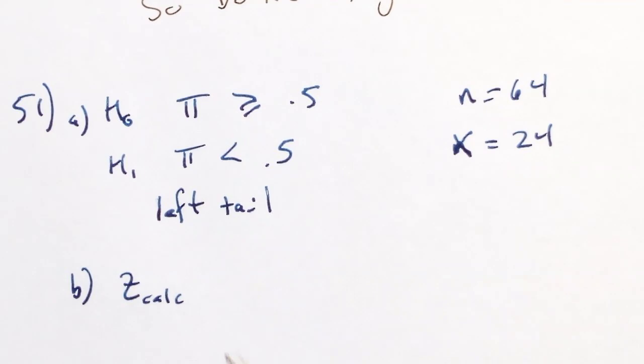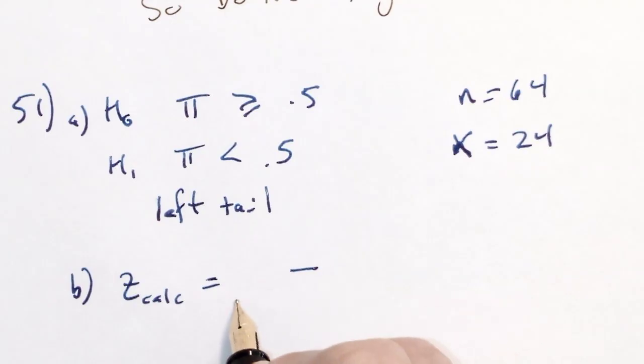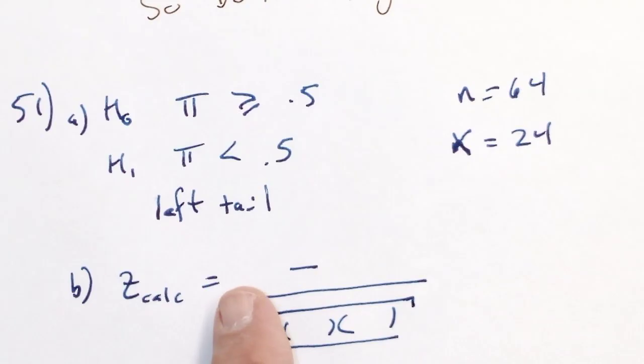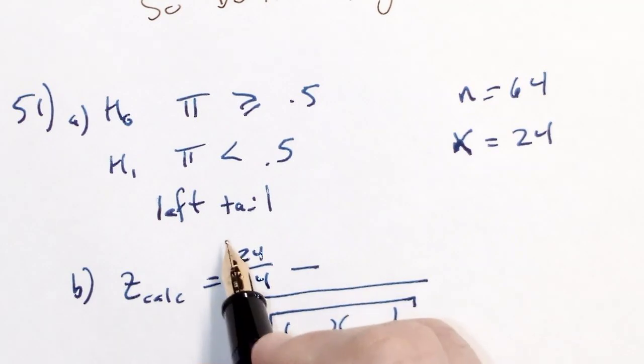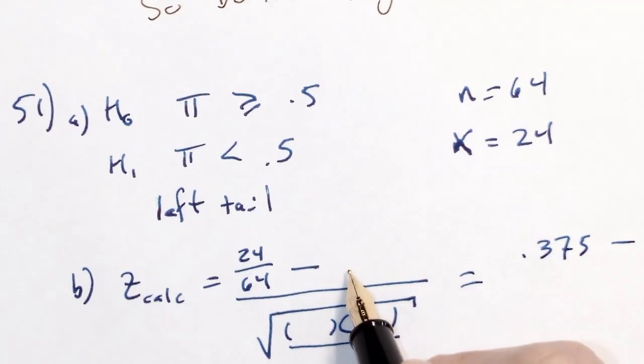All right, so I need to start with my calculated z. I've got to fill in all the right numbers. It's something minus something. What's the left number on the top? 24/64, my calculated proportion. 0.375 minus what goes here? 0.5, my benchmark.